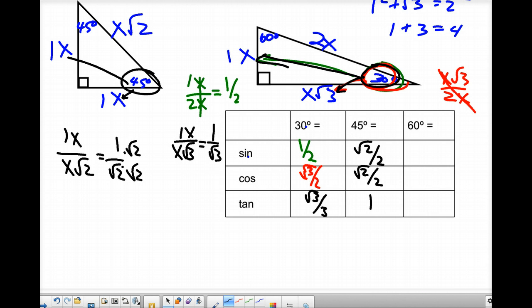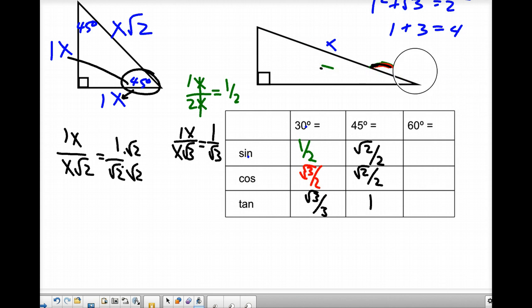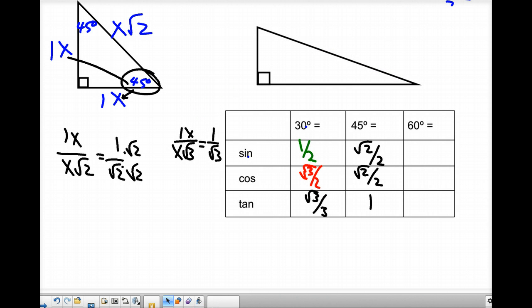Sine of 60. I'll start over up here. This was my 60. 30 was over here, but I'm looking at my 60. It went x, it went 2x, it went x root 3. Sine of 60 would be opposite over hypotenuse, square root 3 over 2.